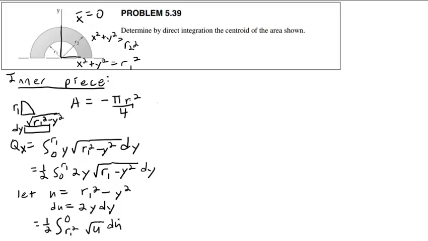Any questions on what I'm doing so far? Hopefully you've seen this u du integration before.